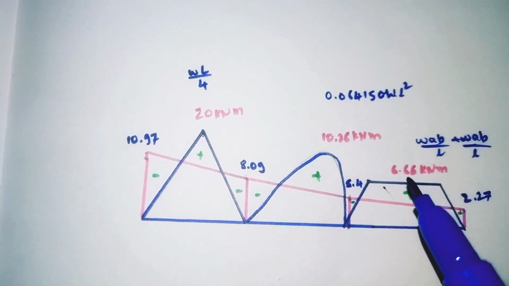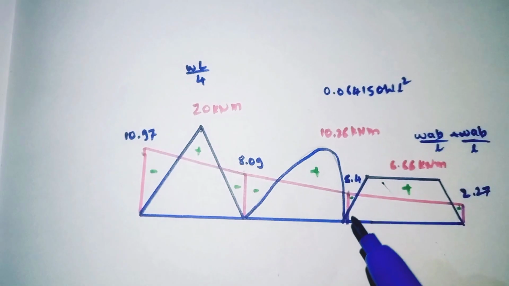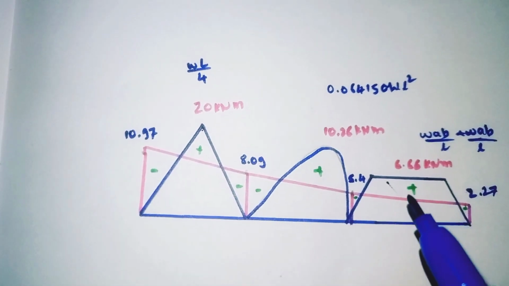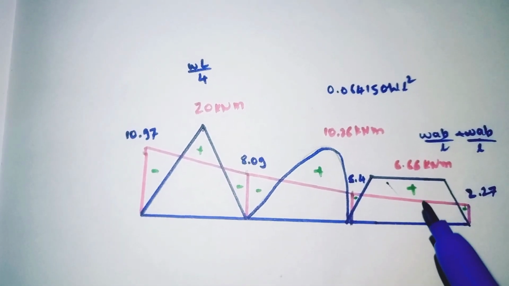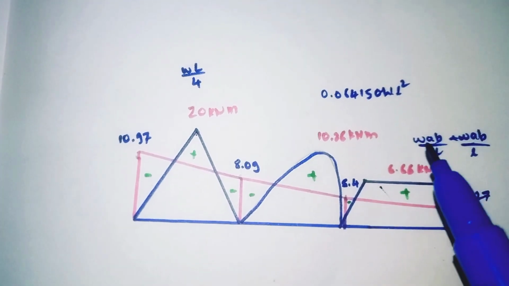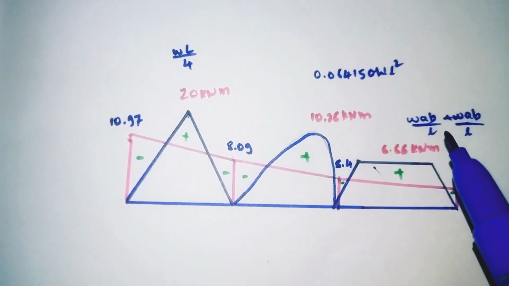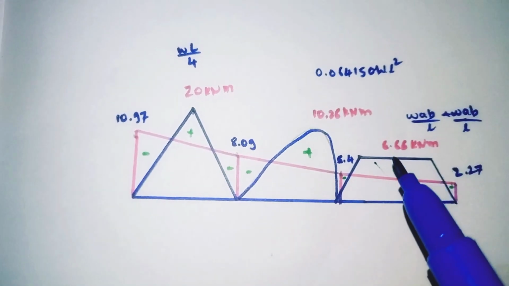And for the span having the 2 point loads, 6.66 meter, we use WAB divided by L plus WAB divided by L. With the help of this formula we got this value.